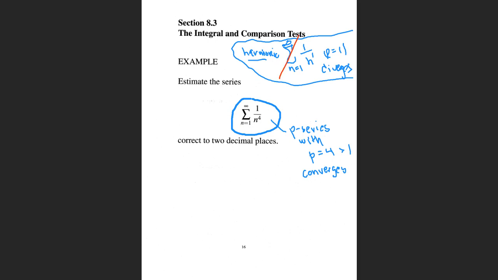We have a P series with P equals 4, and it converges. And since it converges, it makes sense that we would want to estimate the series. We would never be interested in estimating a series that diverges, but if a series converges, it makes sense to try to estimate it.